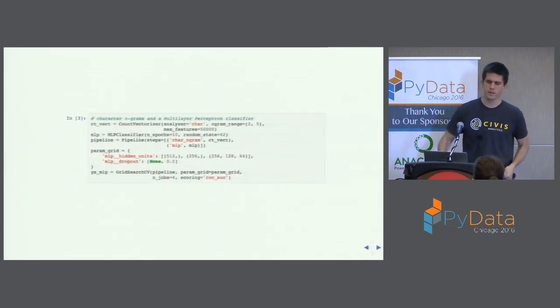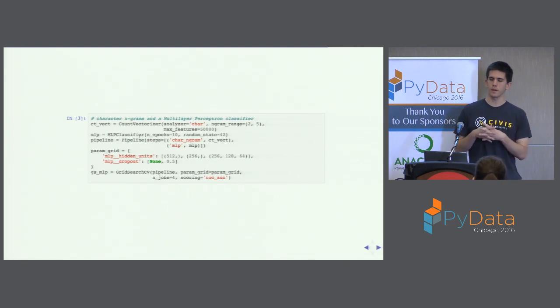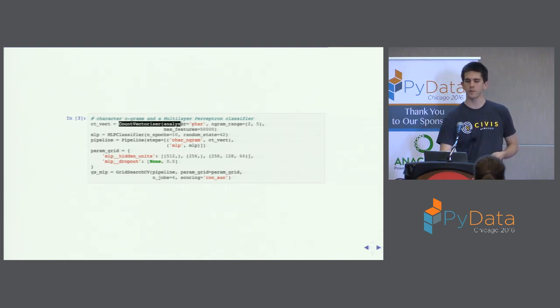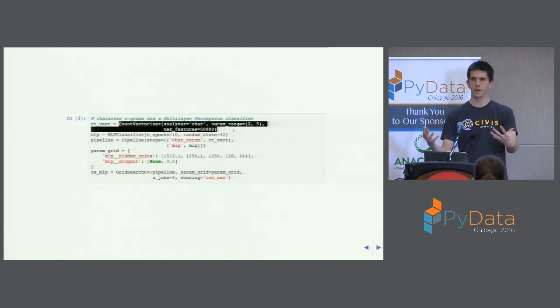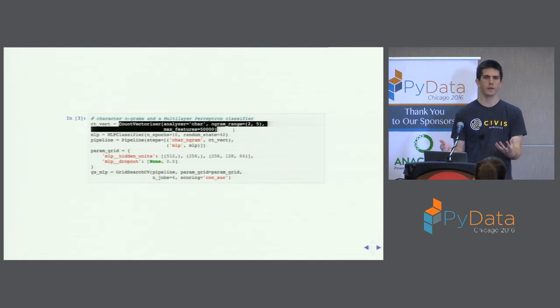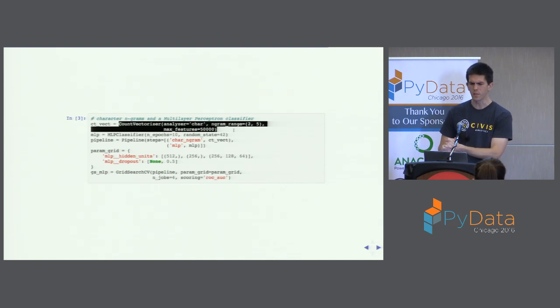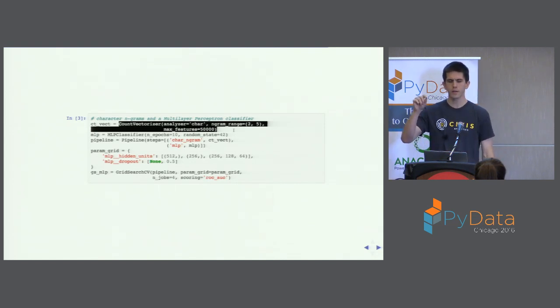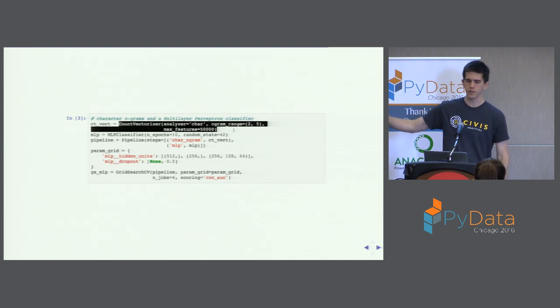So here's how we're going to implement the experiment. Very simple once we have all these things put together. We have our count vectorizer, which will take text as input and output matrices with indicators for particular character n-grams, so it'll be a very sparse matrix.